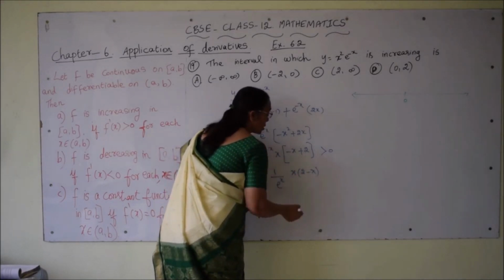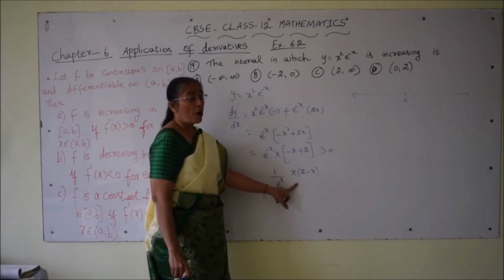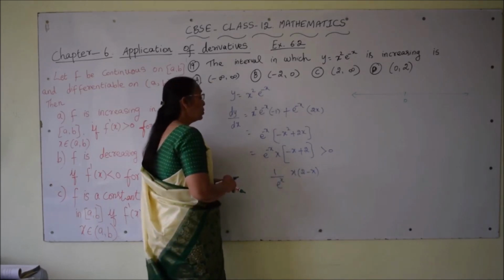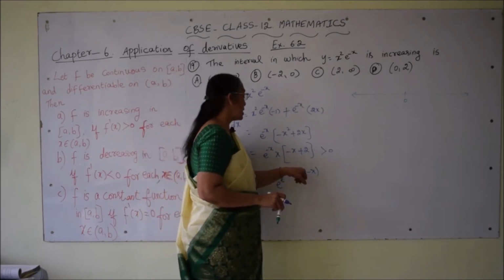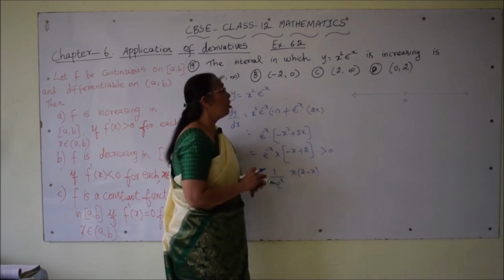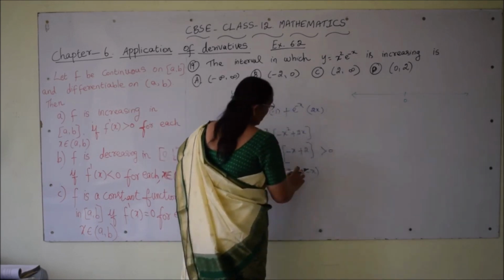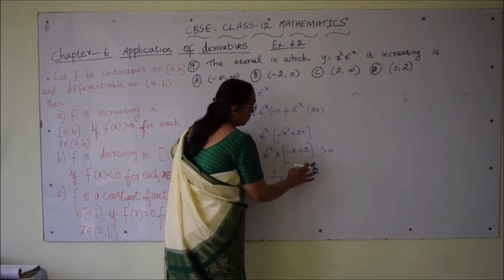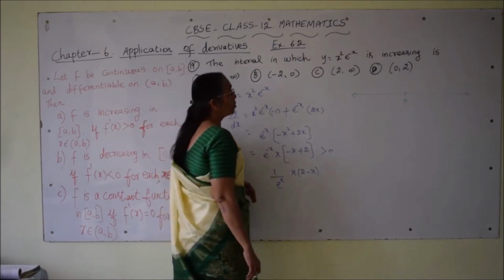The function will have turning points at x equal to 0 and x equal to 2, where there will be a change in sign, increasing or decreasing, based on the interval. To find the turning points, we make this equal to 0. So, x is equal to 0, and 2 minus x is equal to 0 implies x is equal to 2.